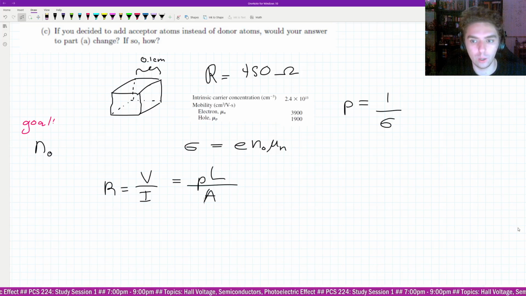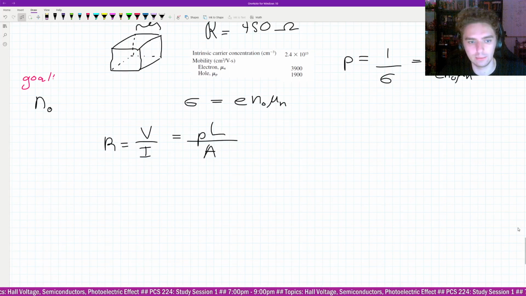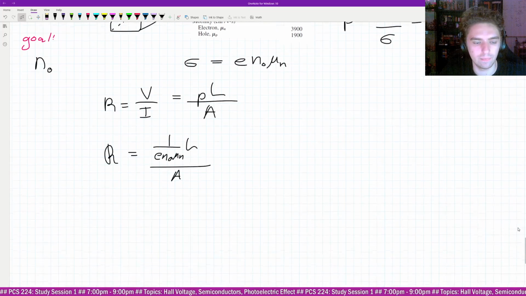And this guy is 1 over that, so I can just put that here. This is 1 over e N naught mu n. So I can substitute that into here. R equals 1 over e n naught mu n, times L over A.